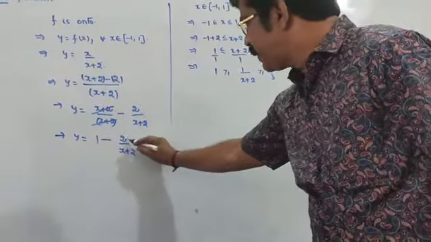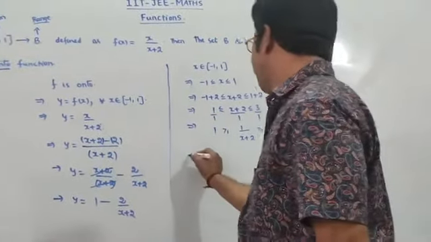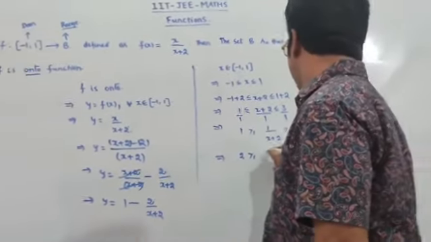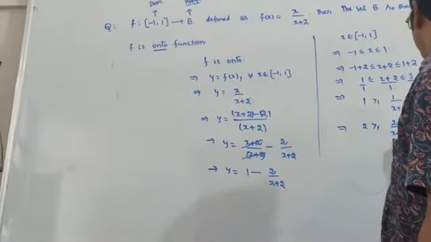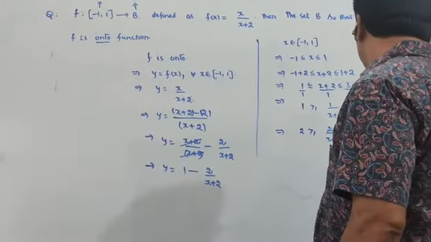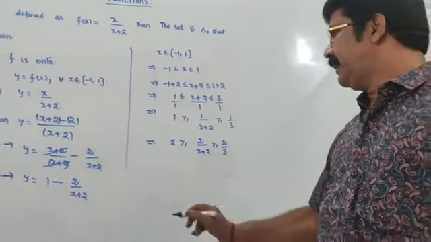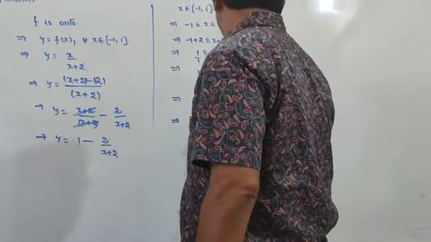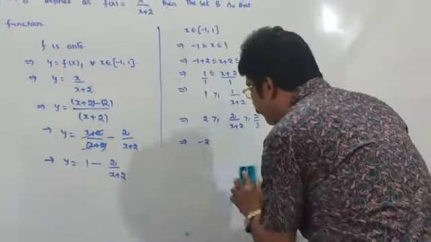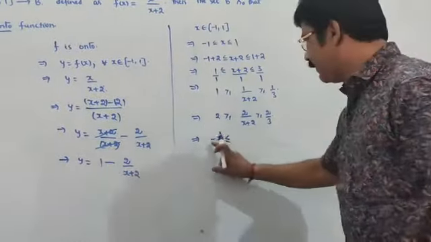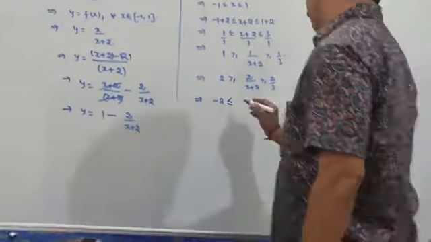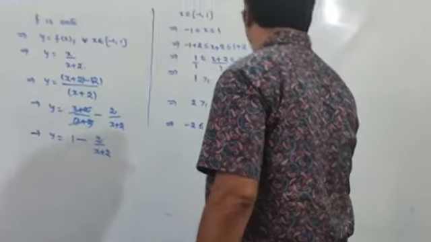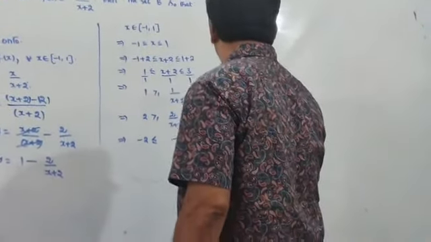Next we must have 2 divided by x plus 2, for which we multiply by 2 throughout the inequation. So 2 greater than or equal to 2 divided by x plus 2 greater than or equal to 2 divided by 3. Later we shall obtain minus, so that implies minus 2 less than or equal to minus 2 divided by x plus 2 less than or equal to minus 2 by 3.